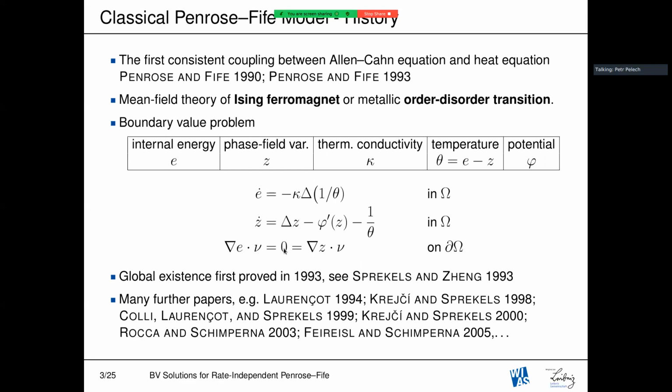This model has been thoroughly investigated already. The global existence was first proved in 1993 by Spreckels and Zeng.